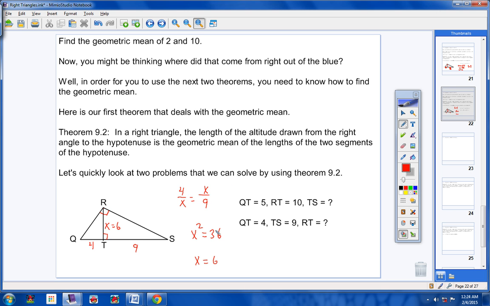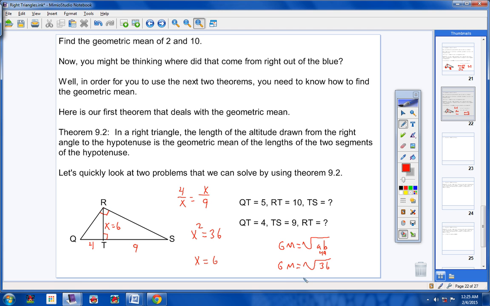Now, if you like using the other method where we say geometric mean equals the square root of a times b, no problem. Here's the two numbers you're trying to find the geometric mean of. So a is 4 and b is 9. So the geometric mean equals the square root of 4 times 9, which is 36.